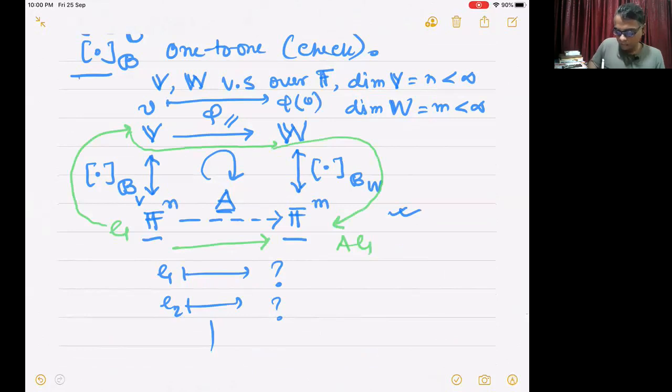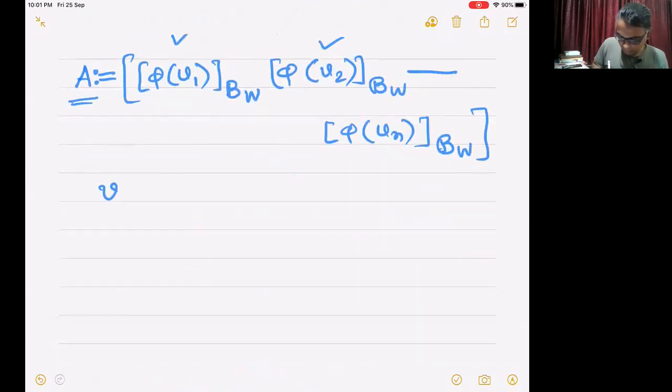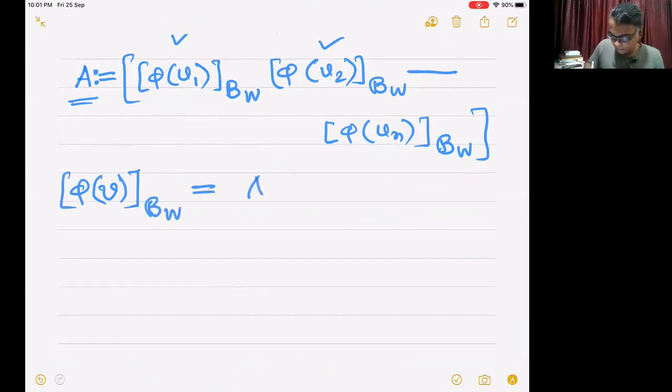Through this identification, if V gets mapped here and phi V gets mapped here, their representations must follow multiplication by A. So let me write this down: phi V in BW is nothing but A times V in BV. That's the golden rule.